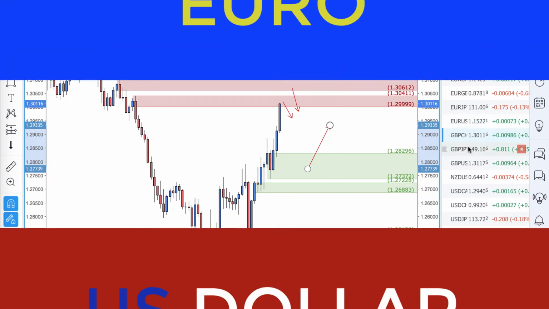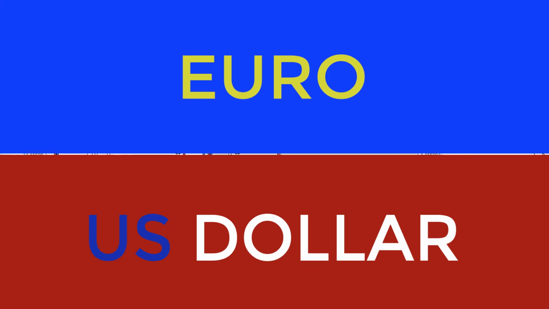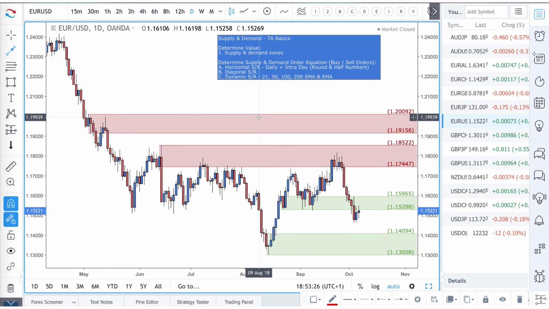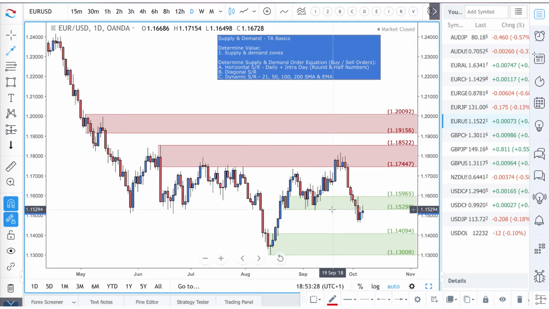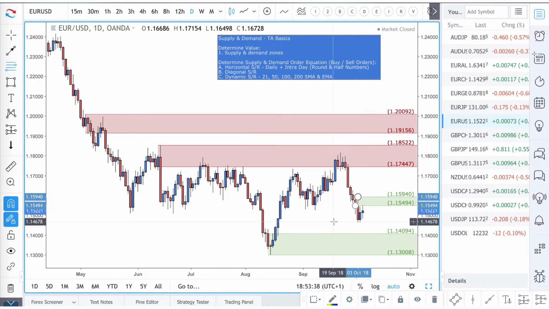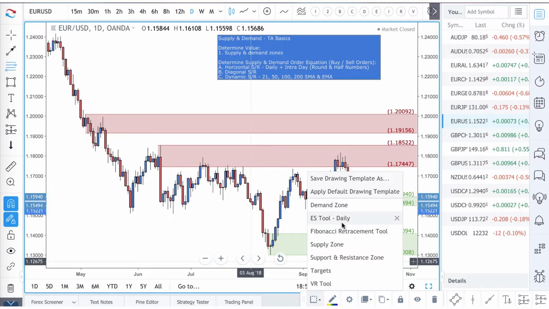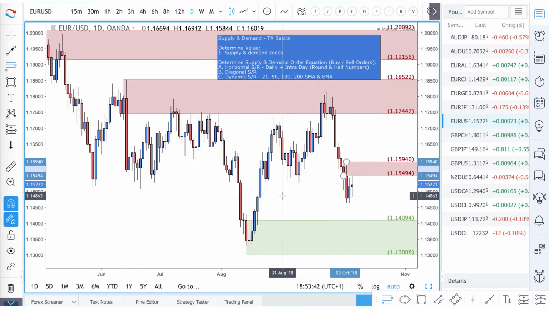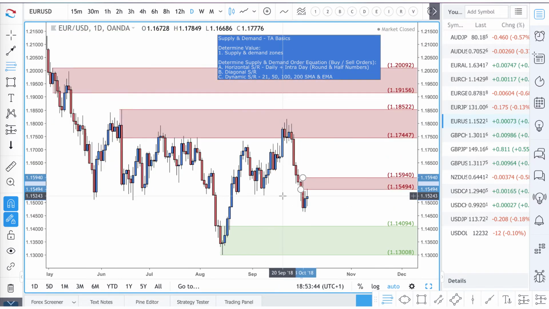Moving on to the euro dollar. We did break through this demand zone, but we also have created some hidden demand right here. Sorry, hidden supply. Supply zone here, right?